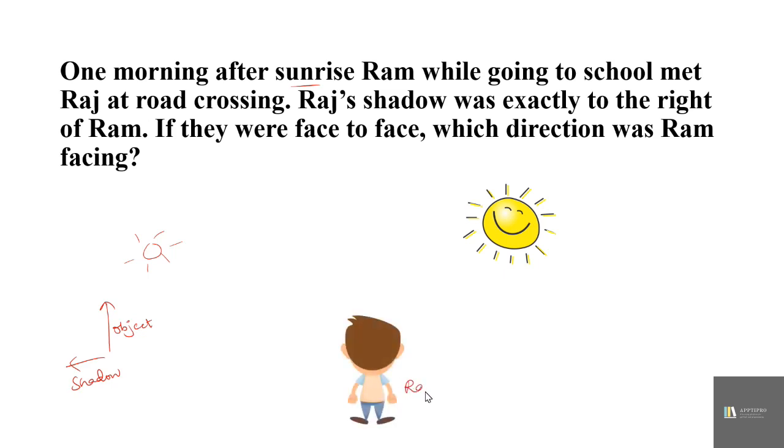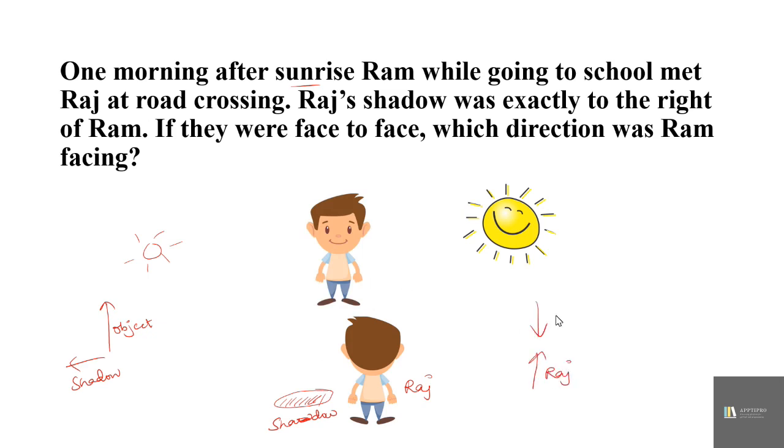So this is Raj, and his shadow is in west direction. And he meets Ram face to face. So this is Raj, this is Ram.